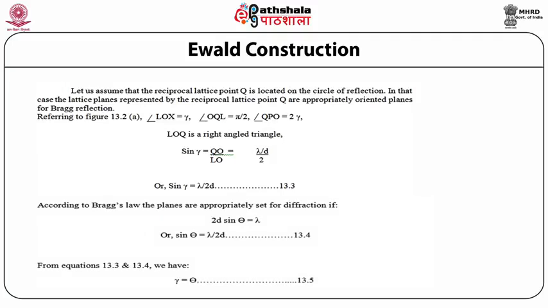According to Bragg's law, the planes are appropriately set for diffraction if 2d sine theta is equal to lambda, or sine theta is equal to lambda by 2d, given as equation 13.4. From equations 13.3 and 13.4, we find gamma equal to theta, which is given as equation 13.5.